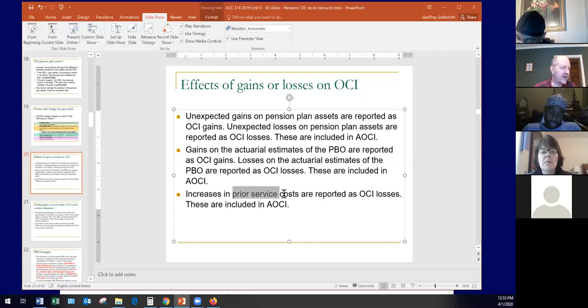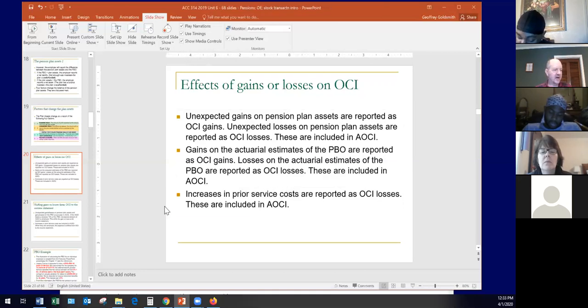Okay, last time we talked about prior service costs. Those are retroactive benefits. So if the union has demanded that they get more pensions, not beginning today, but beginning 5 years ago, then suddenly the company owes a whole lot more money.